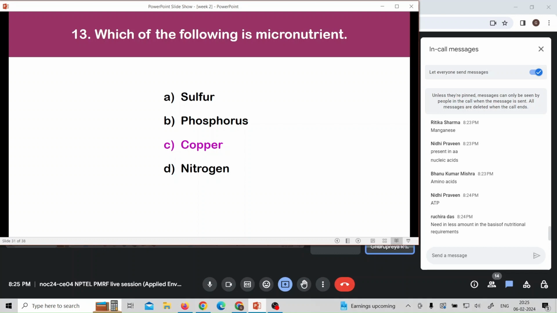Apart from this structural or functional thing, yeah, we have proteins, nucleic acids, yes. One more place that I'm expecting the answer from you people, where either sulfur, phosphorus, or nitrogen is much needed.